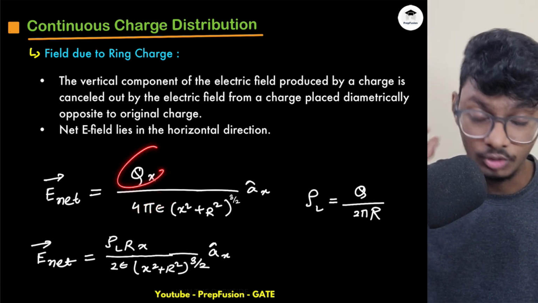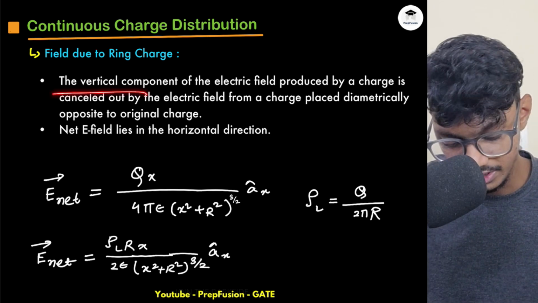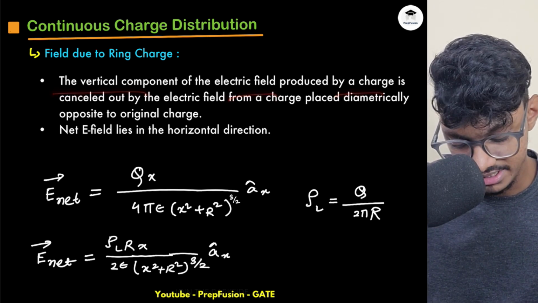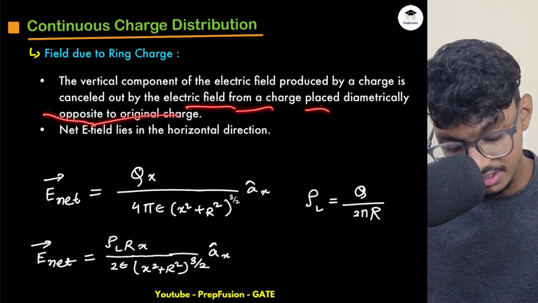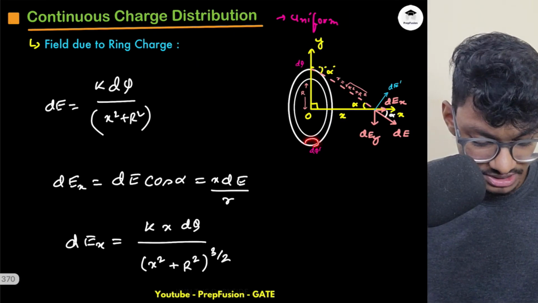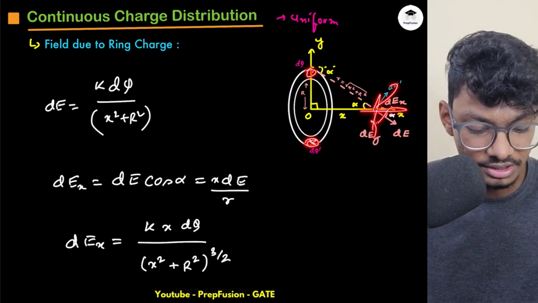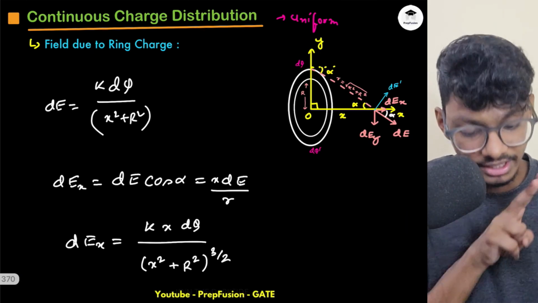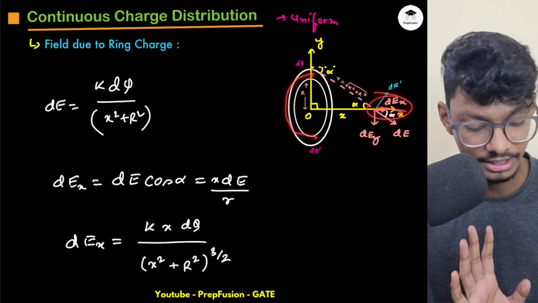This is only for uniform charge distribution, not valid for non-uniform charge distribution. The vertical component of the electric field produced by a charge is cancelled out by the electric field from a charge placed diametrically opposite. So if I place a charge here, these charges will cancel the vertical components, only the horizontal components will remain. I am not taking twice of the horizontal components, because I will again come back here. I don't need to take this extra.